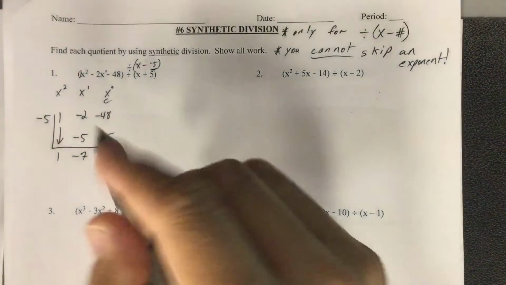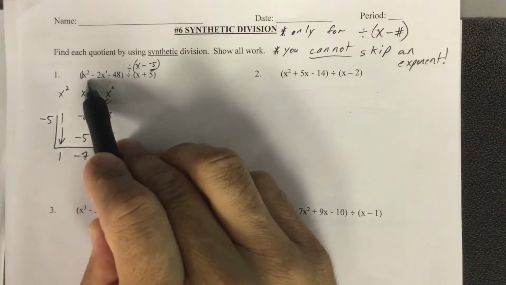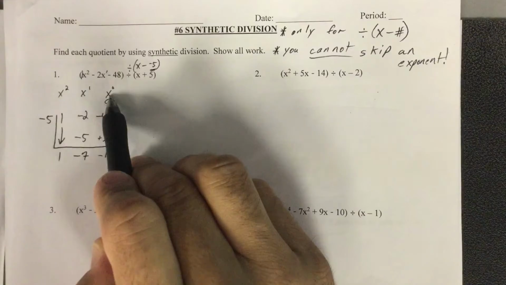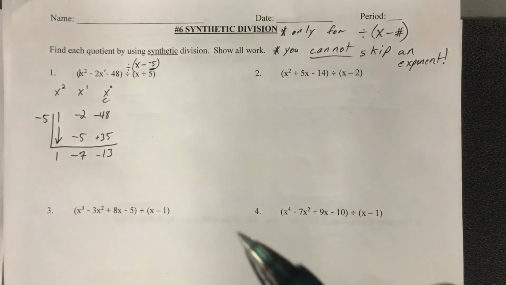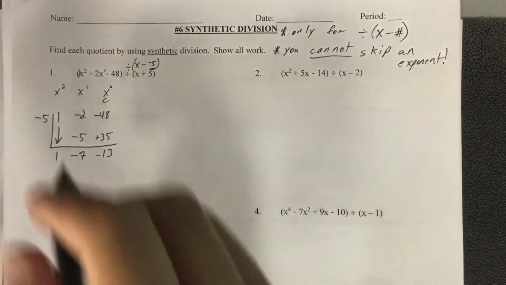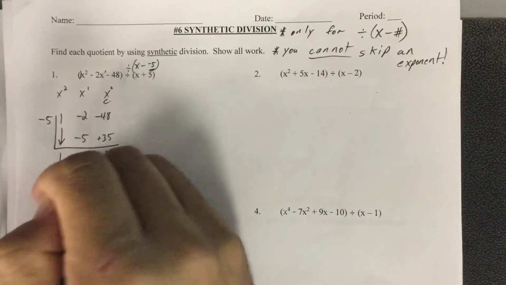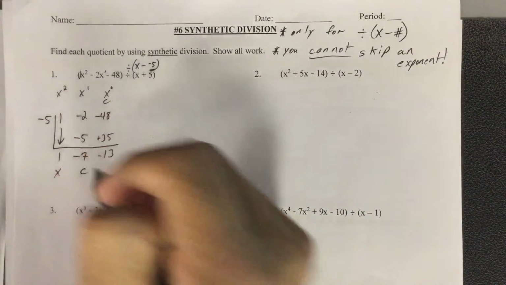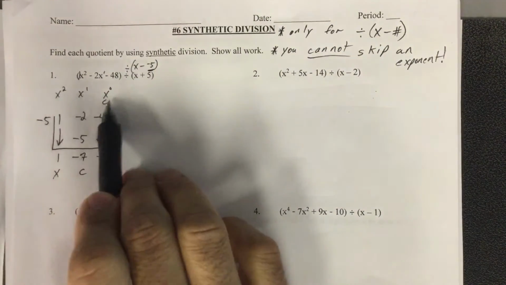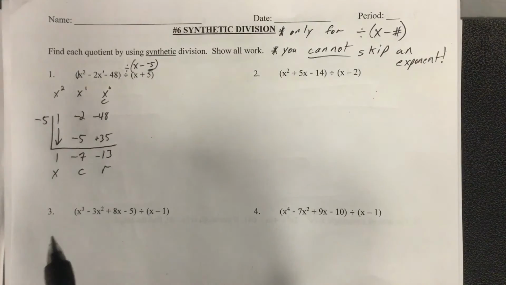Okay. If I started with an x squared, x, constant, right? And I divided by x, one of those x's went away. So now we write down, this is the x to the first, this is the constant, this is the remainder. It's got to go from here and go down 1.